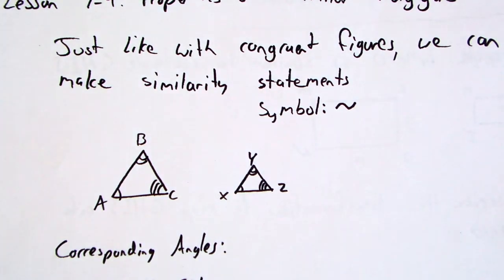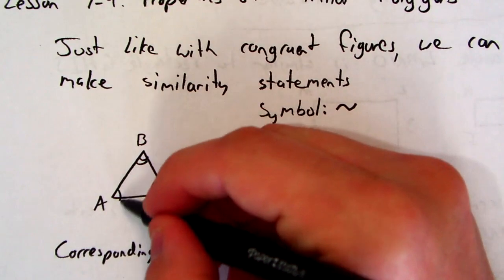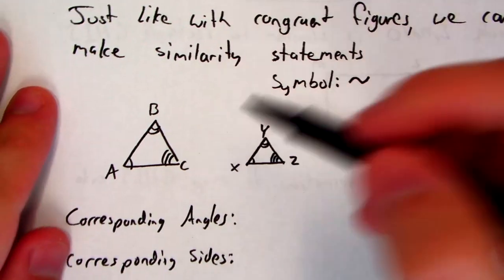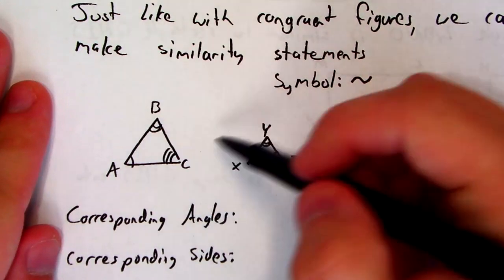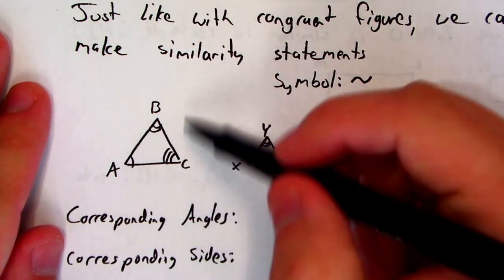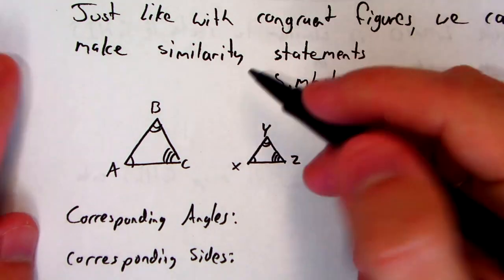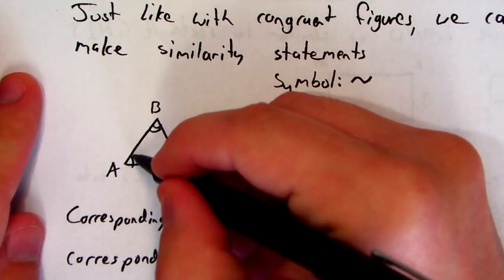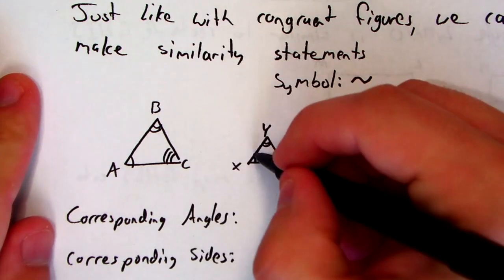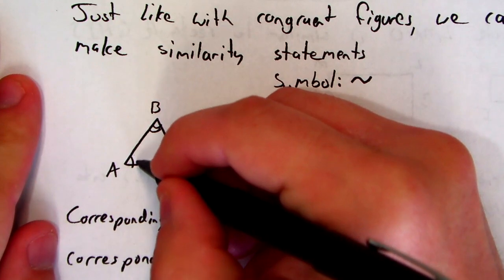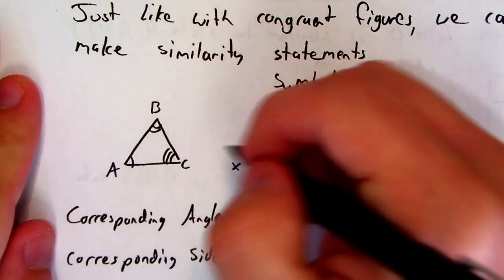So, angles is going to be the best way to start first. And the main reason for that is because we don't know necessarily which sides are going to be corresponding, simply because they're going to be different lengths. But if you notice here, A and X both have one line to describe that angle, which means those two angles are corresponding.